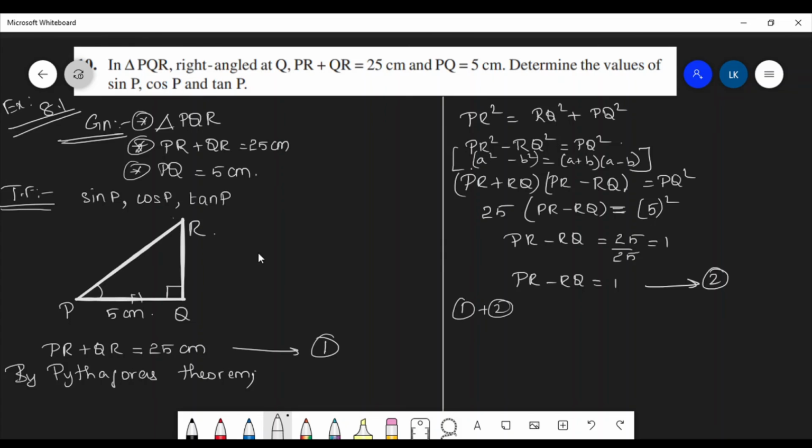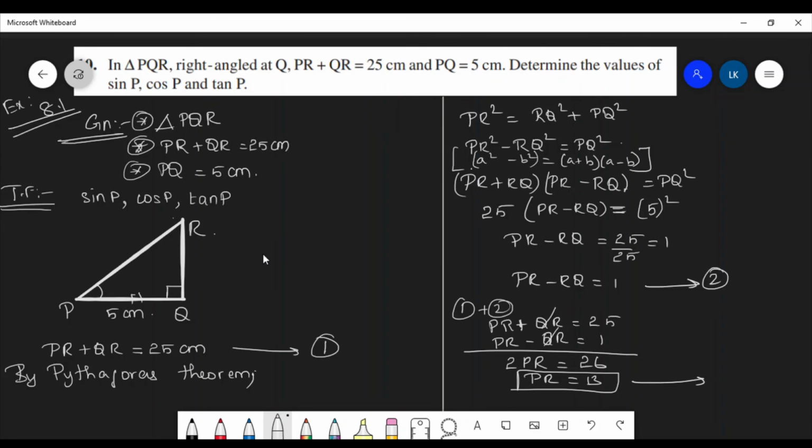PR plus QR is equal to 25, and PR minus QR is equal to 1. Add it. This will cancel QR, and 2PR is equal to 26. Therefore, PR is equal to 13. Mark it as number 3.